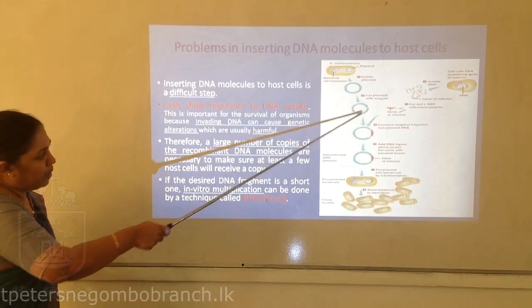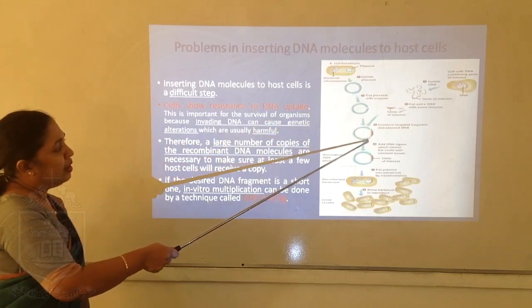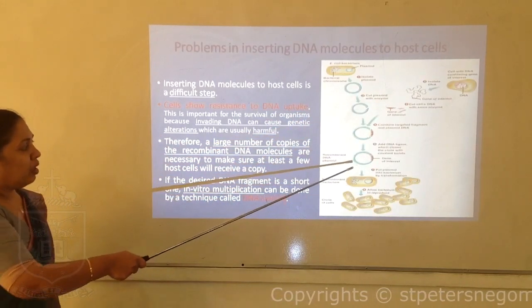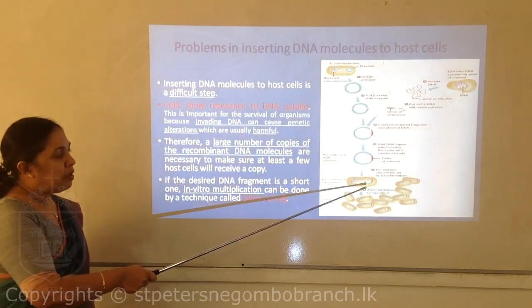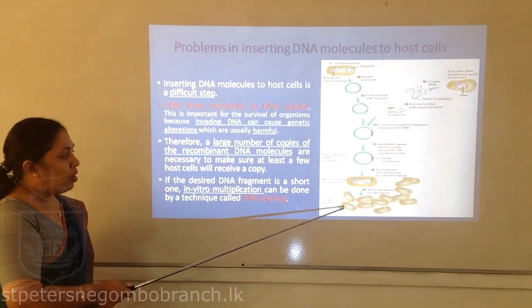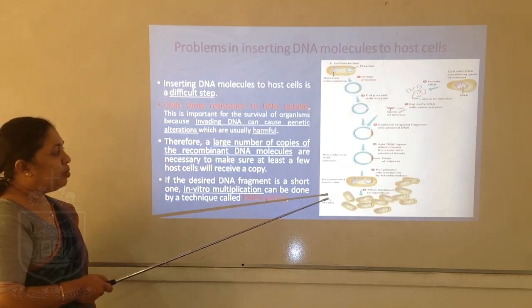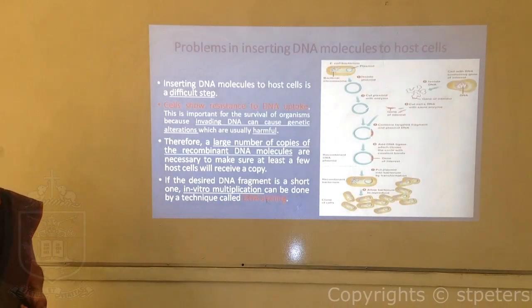So this is up to here. We are cutting the DNA and ligating here, and we have formed a recombinant molecule here. So we have transformed it to a bacteria here, and now to confirm it, we have to clone, reproducing a large number of population of the recombinant molecule.